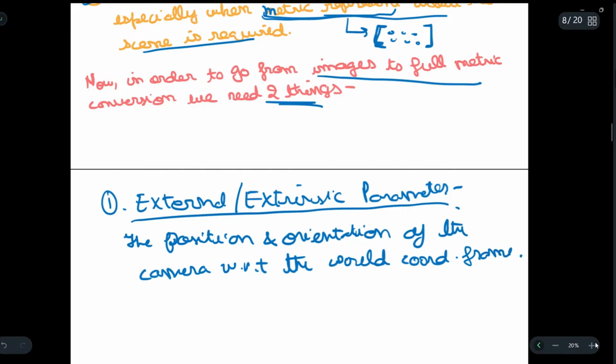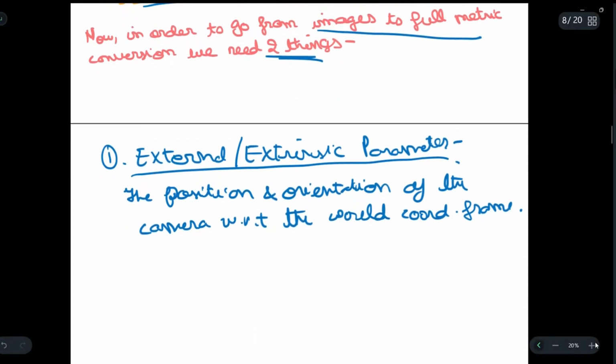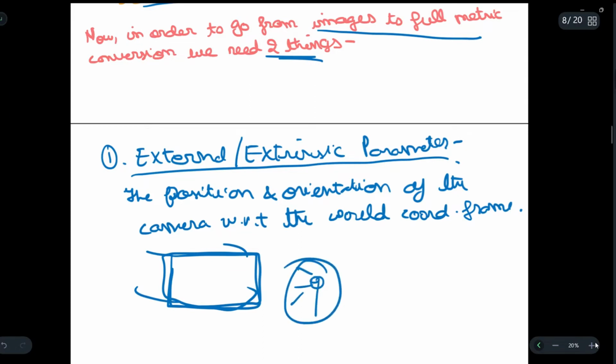What we mean to say here is: where is my camera in the 3D world, where have you put the camera, and what is its position and orientation. Suppose we have a scene that is the 3D world coordinate system, and you have placed your camera somewhere over here. Then the position and the orientation of this camera with respect to the 3D world frame is known as the extrinsic or external parameters.